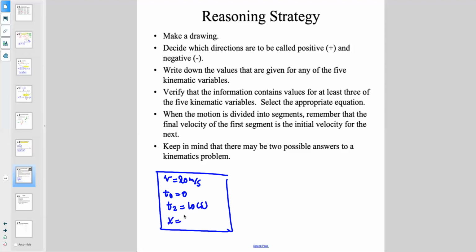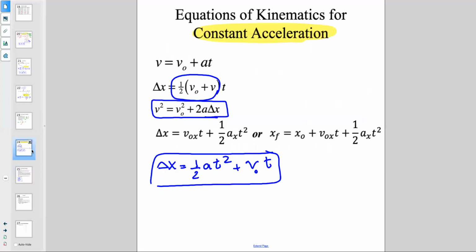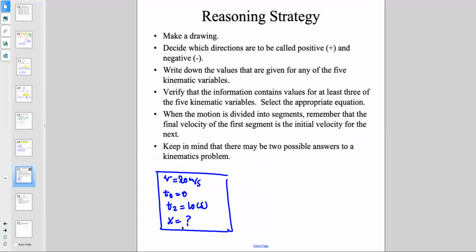X. The problem asks me where the object is located. So I'm actually looking for its position. So I'm looking for X. Now I have all the information. I go back to my equation sheet and I try to find X based on the equations and the things that I have.